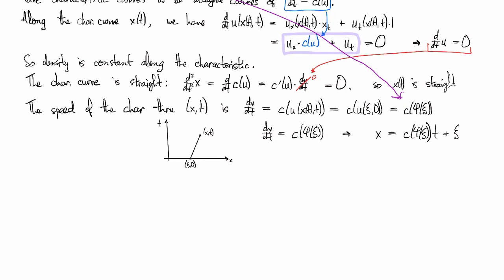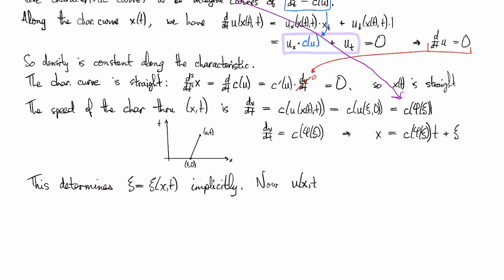Okay, so then this equation determines our xi function as a function of x and t implicitly. And then in this case, u, our solution, will just be phi of xi for xi determined by this implicit equation.